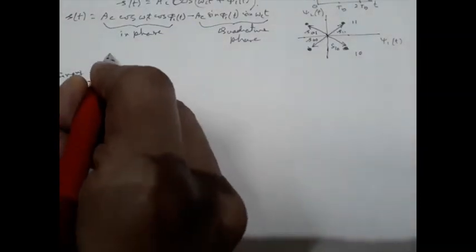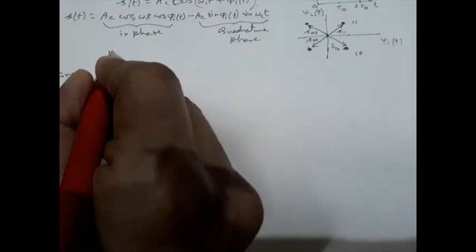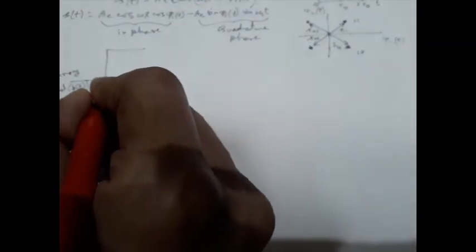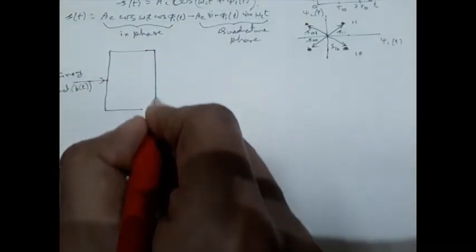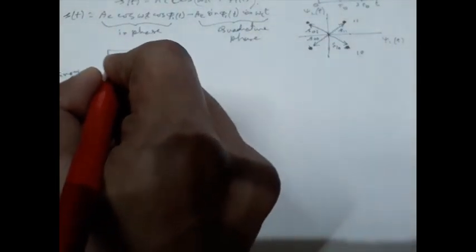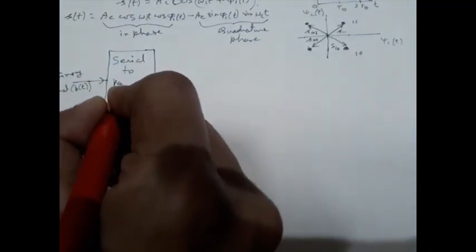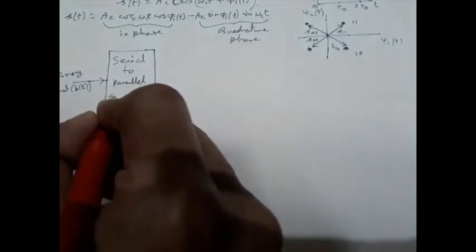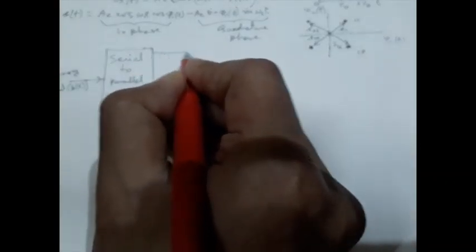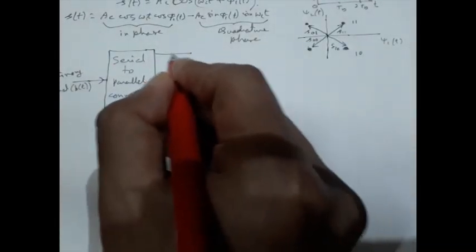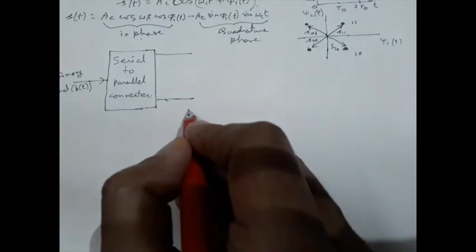This binary signal is divided into two parts with the help of a serial to parallel converter, in the upper part and lower part. This upper part will be the in-phase and the lower part will be the quadrature phase.